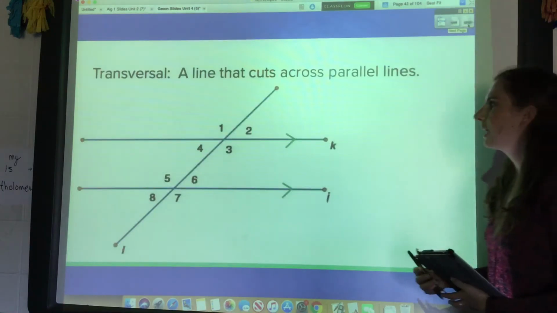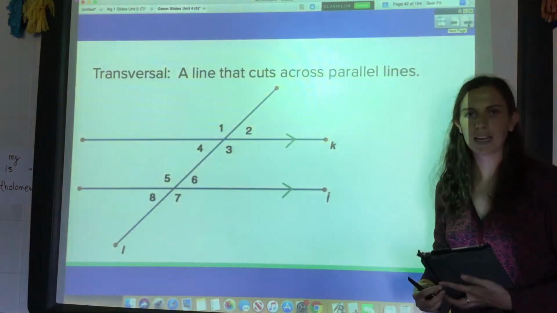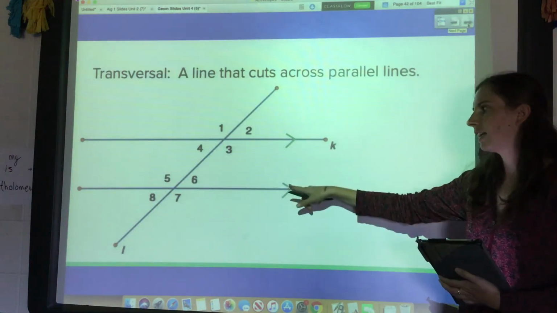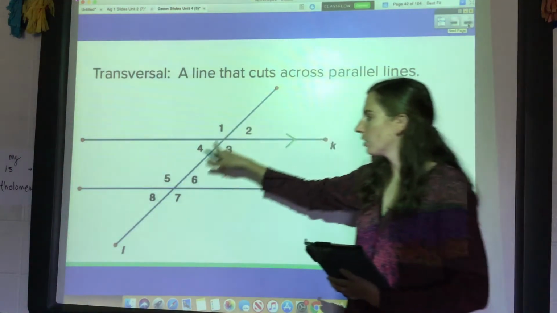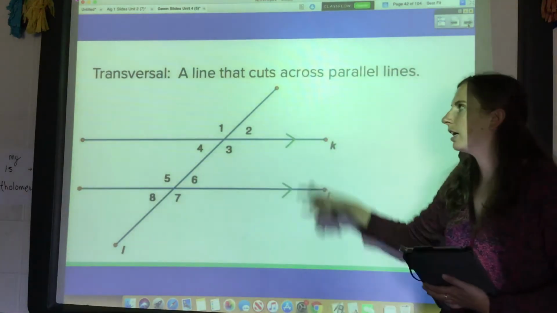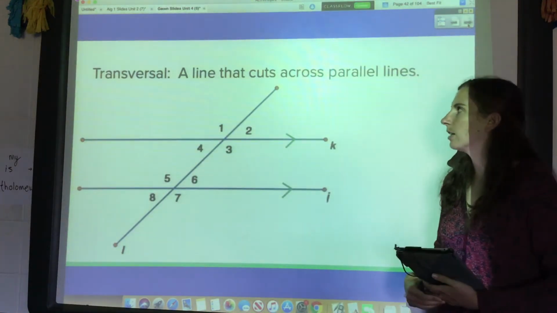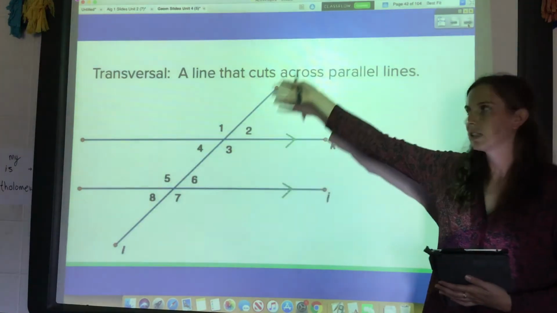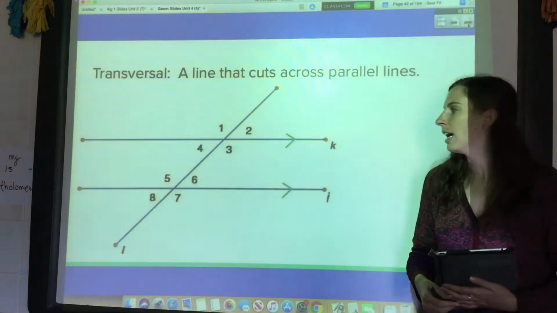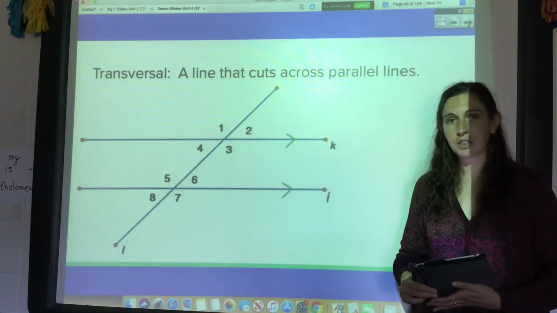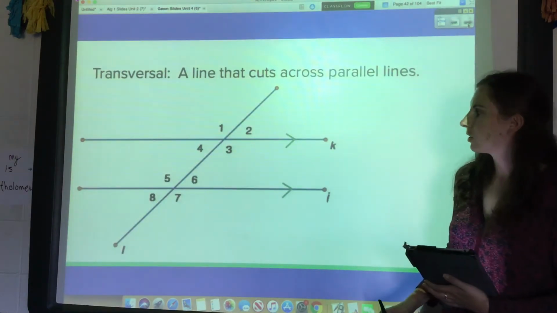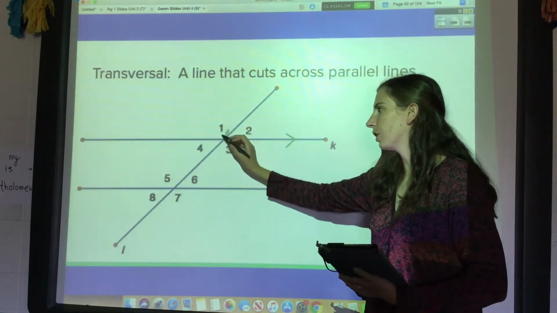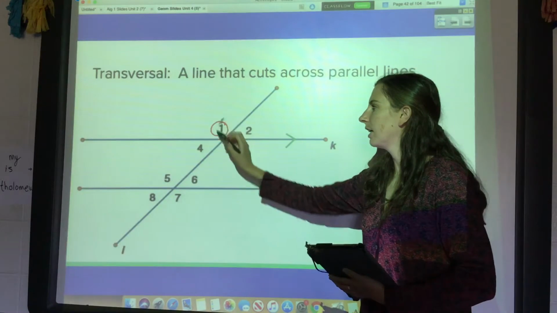All right, I want to remind you of something you learned probably in 8th grade, which is when you have two parallel lines, if a line ever cuts through those parallel lines, we call it a transversal. That just means literally a line that cuts across parallel lines. It transverses the lines. Anyway, it creates a lot of congruent angles. So do you remember which ones? 1 and 3 are vertical angles, so those are definitely congruent.